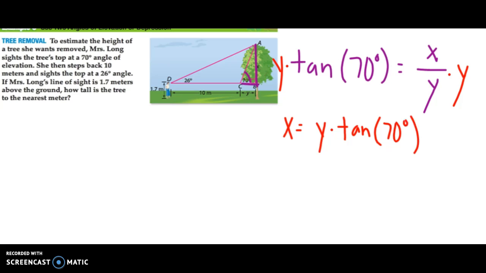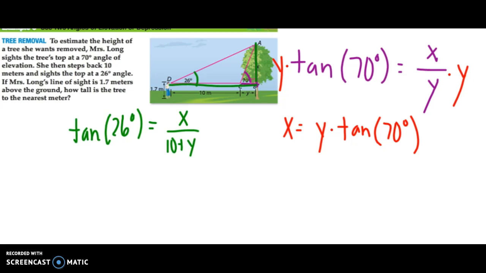Now that might seem kind of counterproductive because we haven't really got an answer yet. But if we look at the other equation, our angle of elevation is 26 degrees, opposite over adjacent. So tangent of 26 degrees is going to be equal to opposite, which is x, over 10 plus y, because there's this 10 plus the other y.